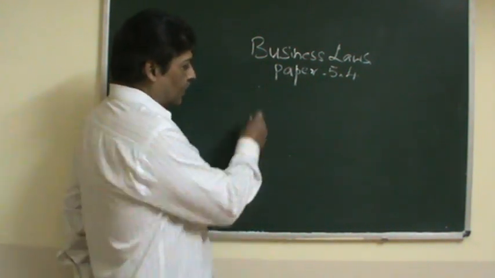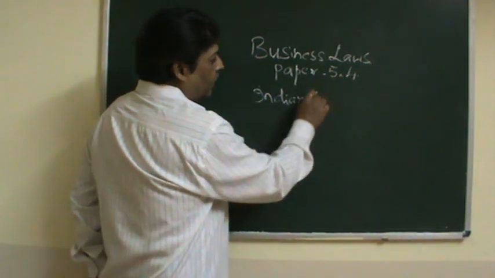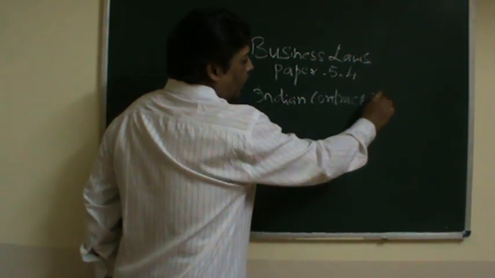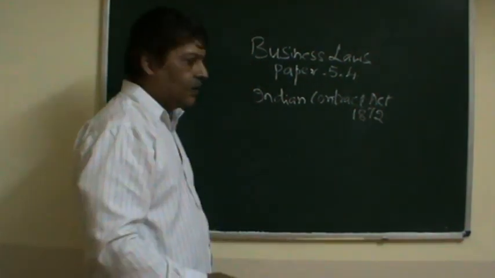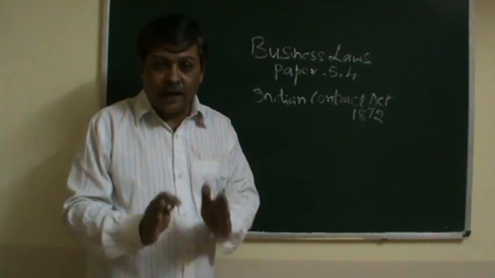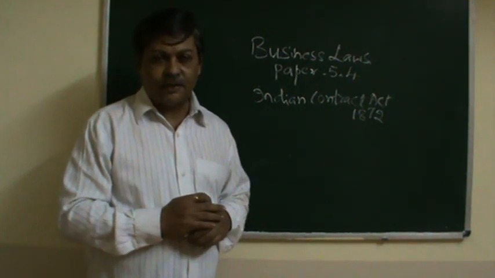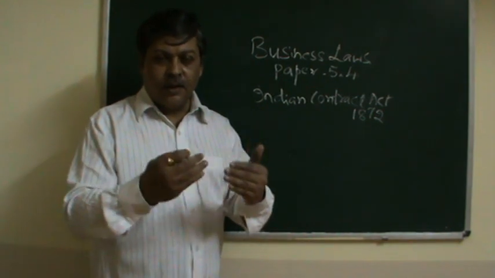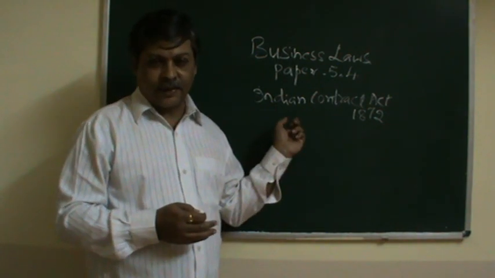Those acts are, the first one, the Indian Contract Act, 1872. This is the major act you are going to study, and most of the portion is covered under this act.